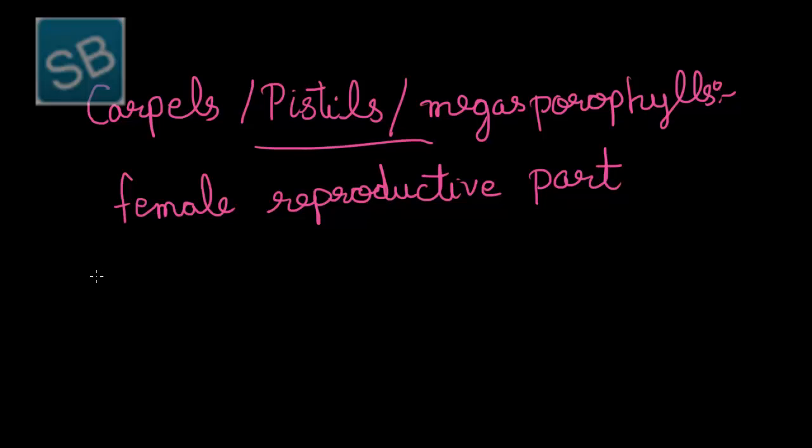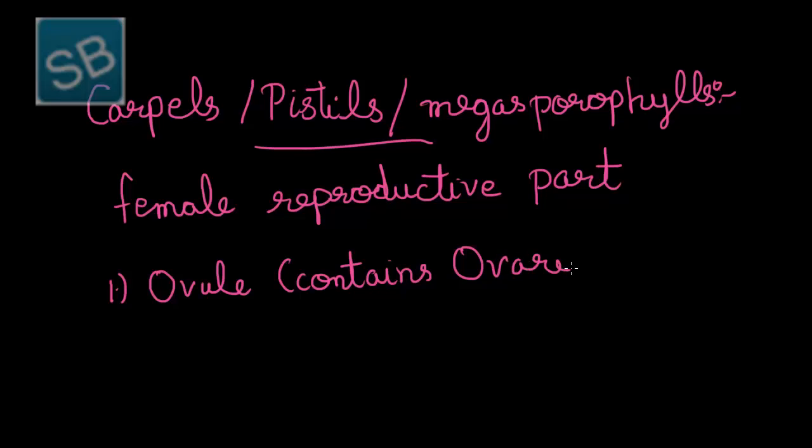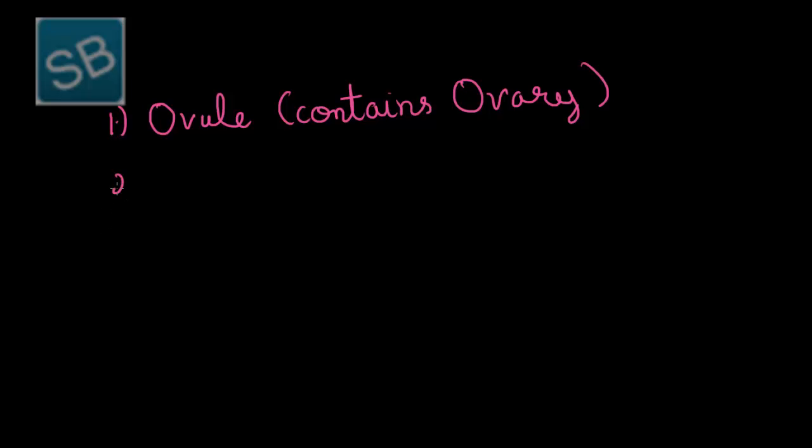The structure of a pistil basically consists of three parts. First, the ovary, which contains ovules. Thus, the pistil is defined as the part of the flower which contains the ovary, the main reproductive unit within the female reproductive part. Second comes the stigma, and third, the style.